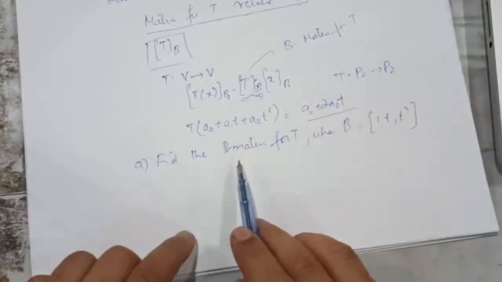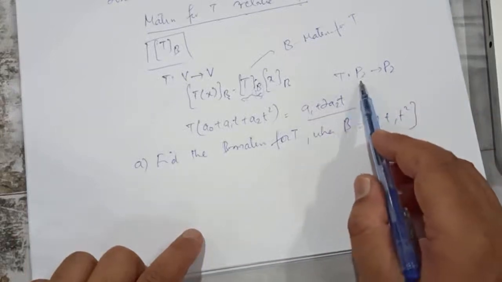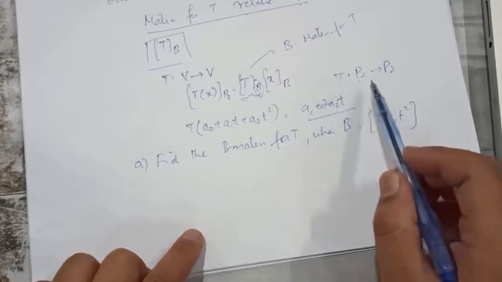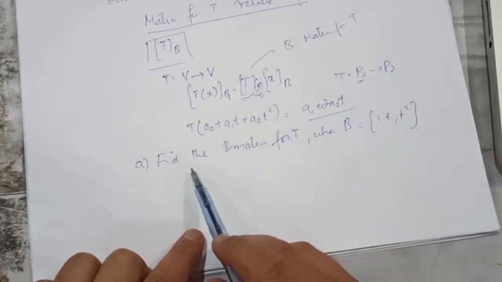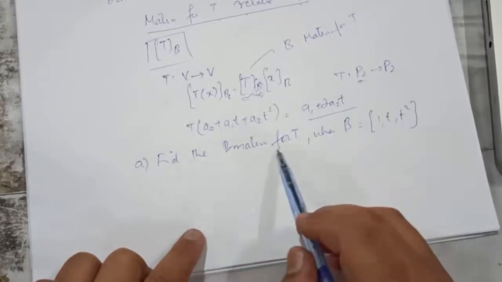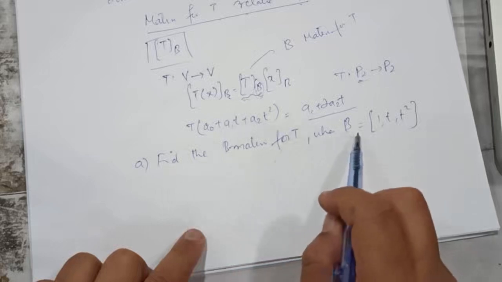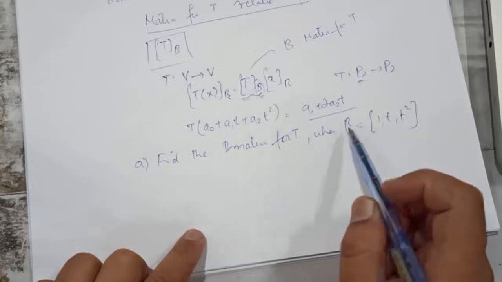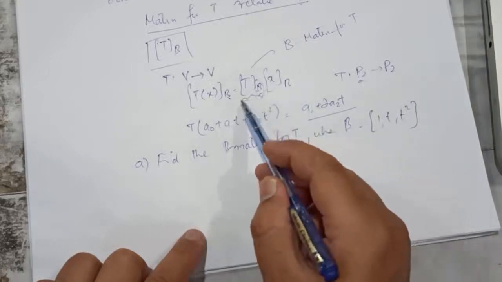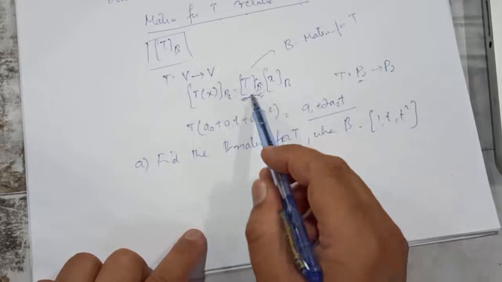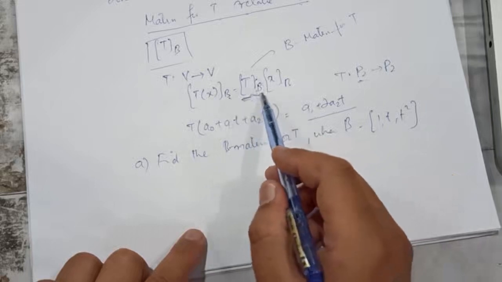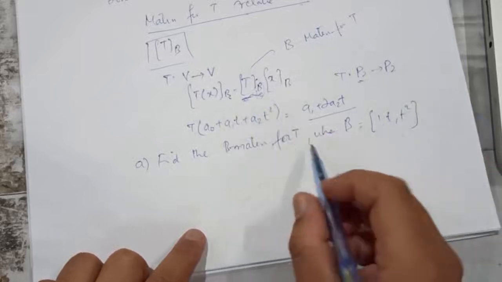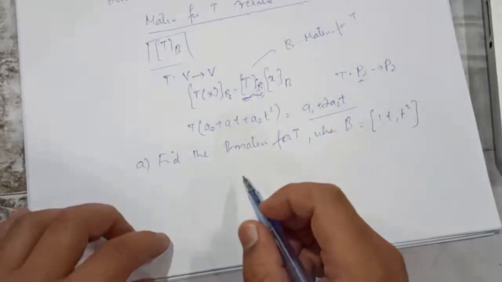Because the order of the polynomial is the same, the space is the same, so we have to find the beta matrix for T here when beta is equal to 1, t and t square. The first thing we have to do is find this T of B. It means you have to represent this transformation matrix in terms of B, right?